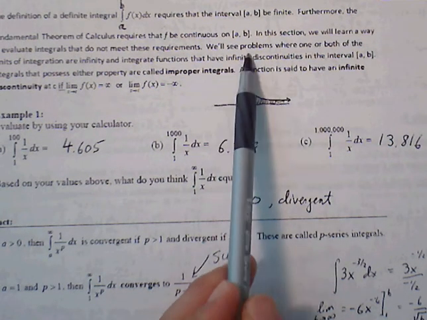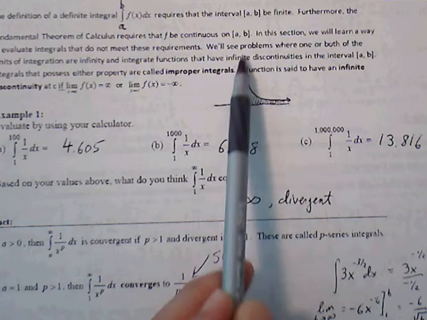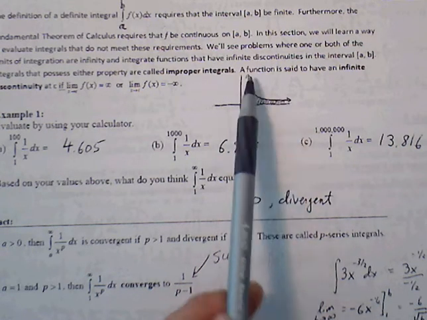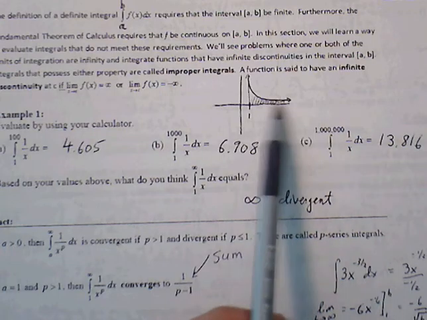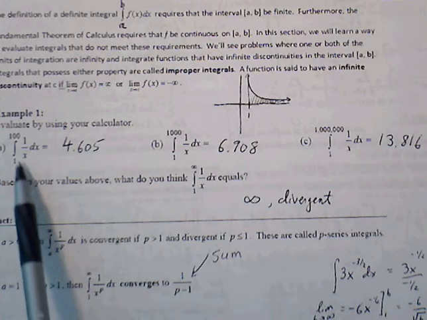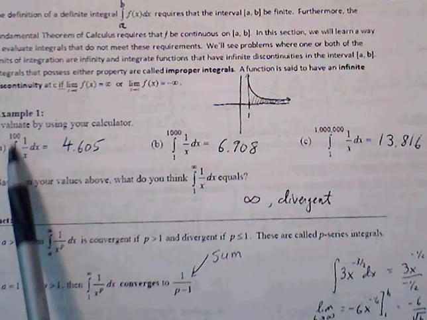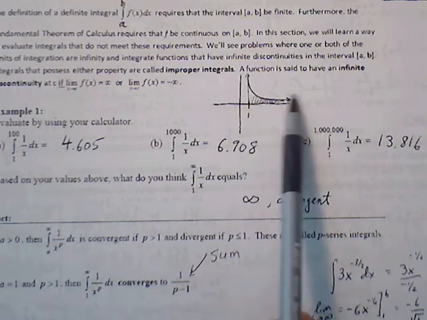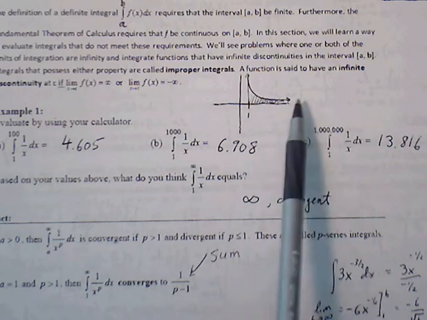Here is a portion of the graph of 1 over x. It's the curve that's going to go down and get closer and closer towards the x-axis. So we're just doing some approximations here. Imagine if this graph continued, getting closer and closer towards the x-axis, but there's always going to be that gap.